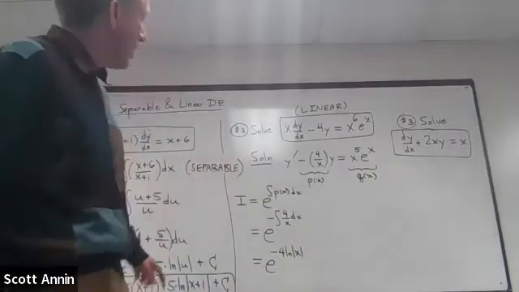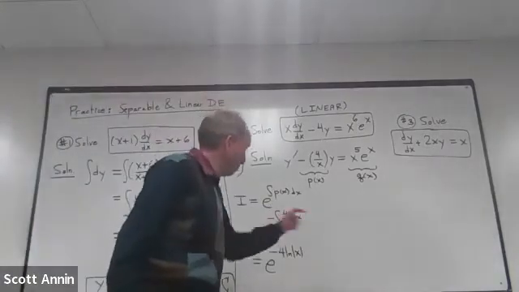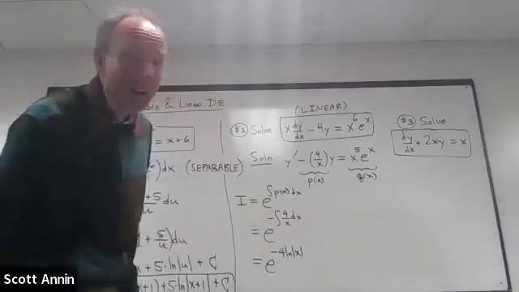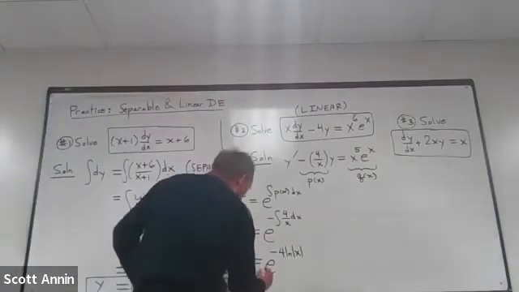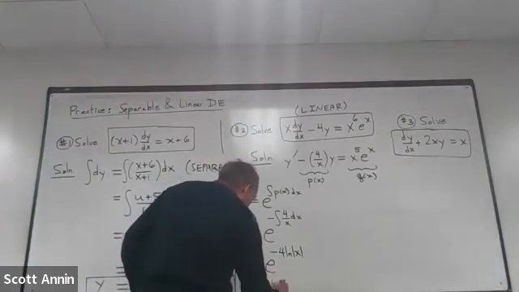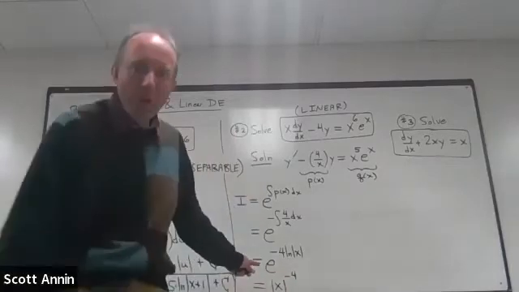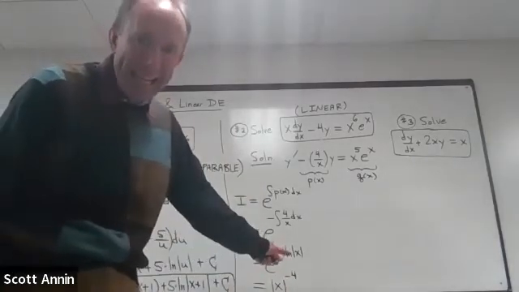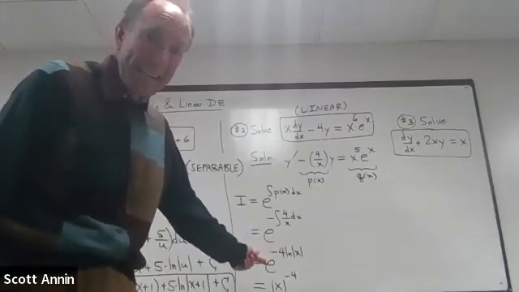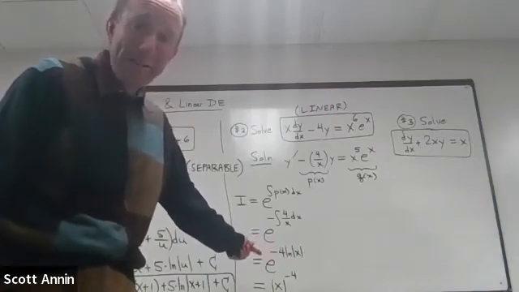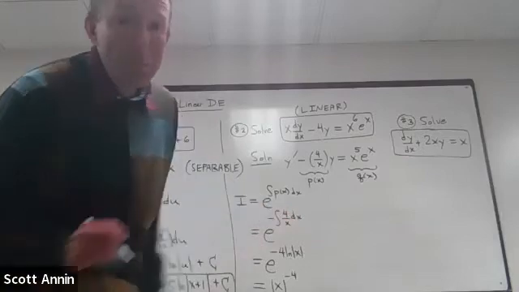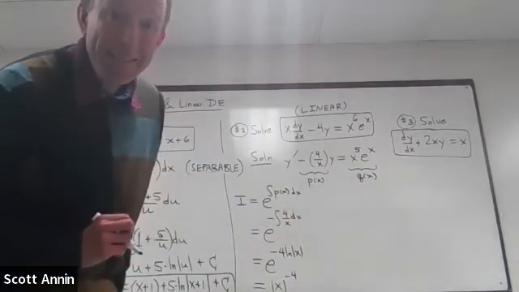When I actually integrate the 4 over x right here, I'm going to get the ln of the absolute value of x. And one of the algebraic properties that I've emphasized a lot is that we want to cancel the e with the ln. To do that, any constant that's out in front needs to be thrown upstairs as an exponent.